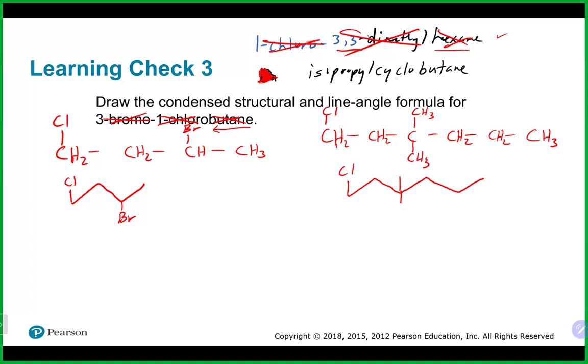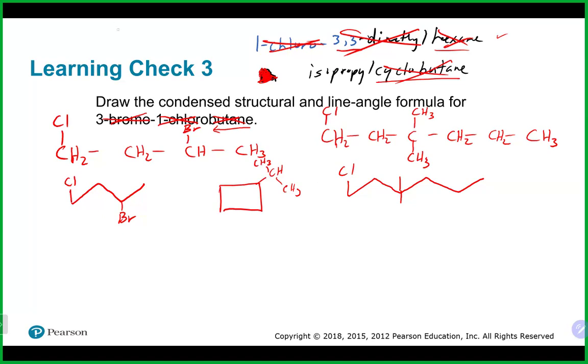Lastly, here is a little cyclobutane. Butane means 4, and cyclo means it's a ring structure. A lot of times we just draw that in line structure, which would look like a squarish shape. Isopropyl is a special group that is CH, CH3, and CH3, so that would be our isopropyl group there.